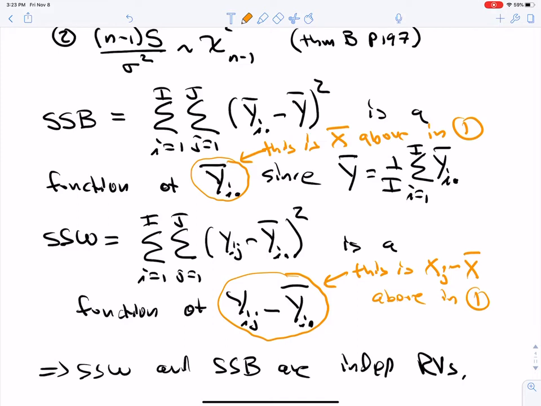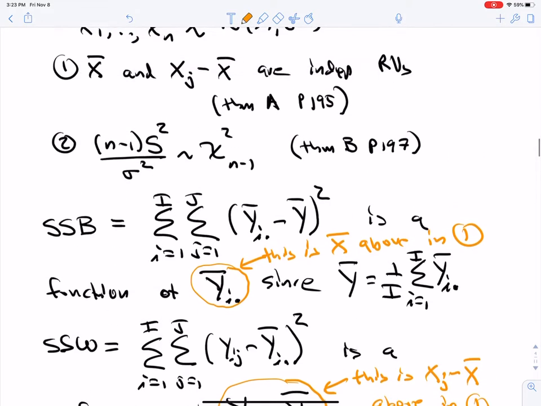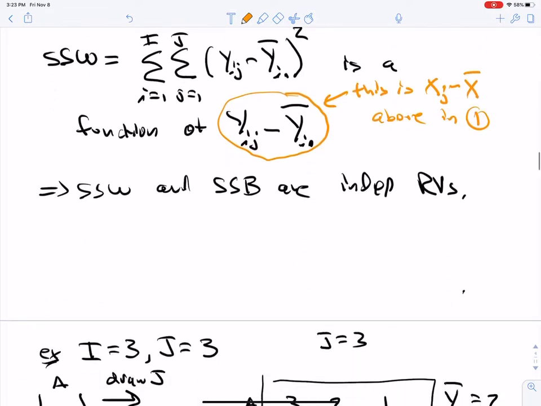Now if we think that we're fixing i, then y bar i dot is going to be x bar in the fact above, and yij minus y bar i dot, again we fixed i, is xj minus x bar in the fact above. So these are independent, and it follows then that SSB and SSW are independent.